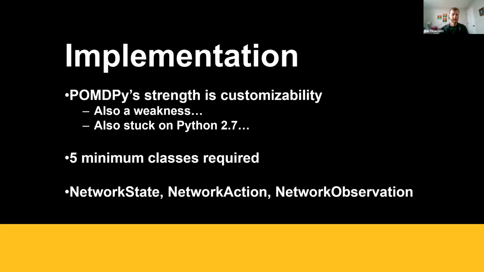But for PomDPy, you had to do it the way we did it: you have to implement a minimum of 5 classes, all of which inherit from other classes. So there's required implementation that you have to do, with methods and things.